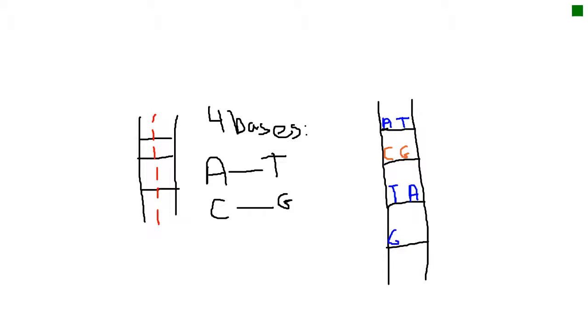Oops, I should have used the same color just to be consistent, but I forgot to change it. If we have guanine, guanine is going to pair with cytosine, and those are the only pairings. And it's through these pairings you can get many different combinations, and it's through these different combinations that the genetic information is stored.